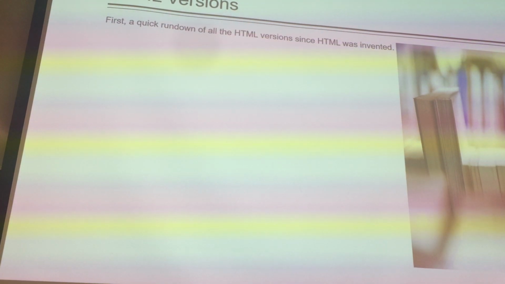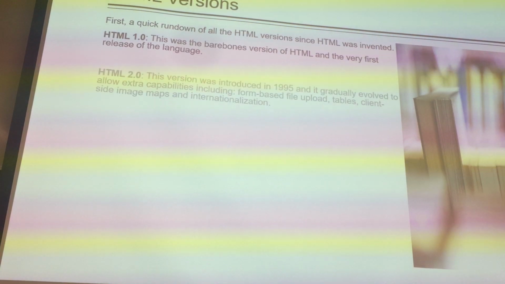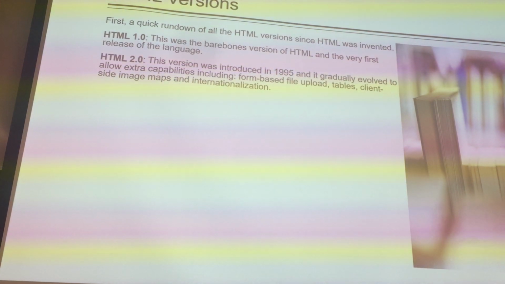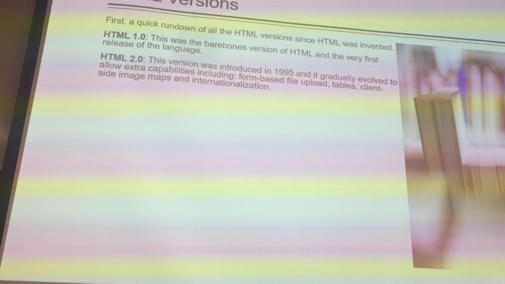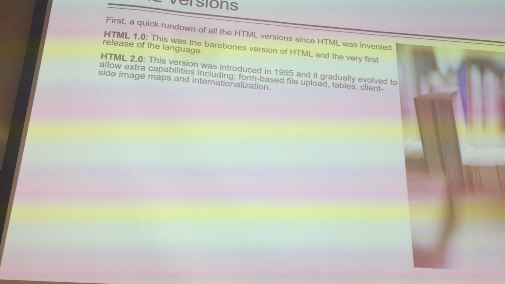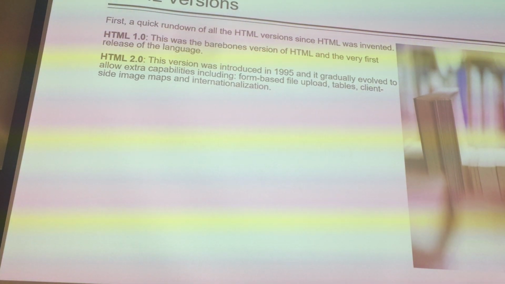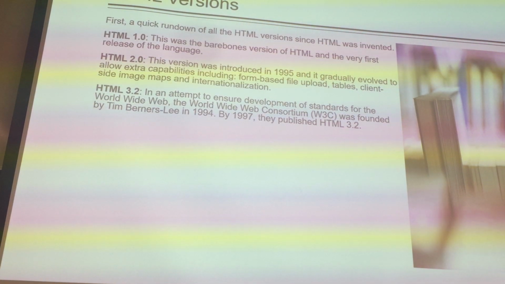Started off with HTML 1.0, which was really basic static HTML. Then it went to HTML 2, which was introduced in 1995. Browsers evolved, extra capabilities included. Forms came into place, which lets you upload things, which lets you edit something.